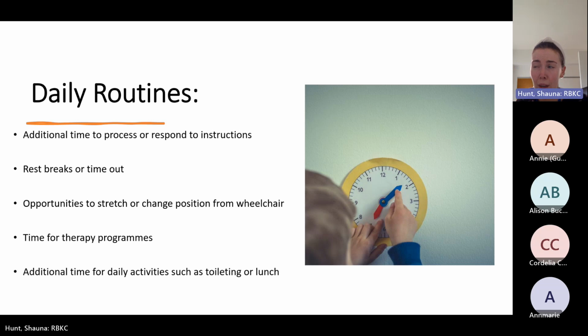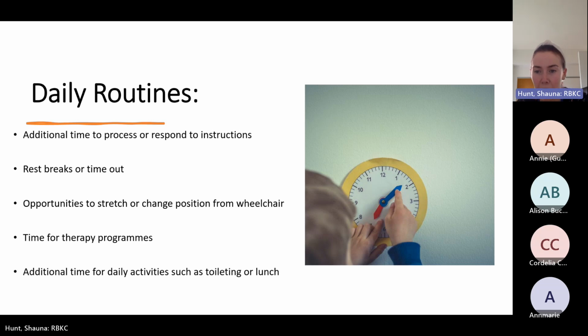Some of them might also have a standing frame in the classroom, so they might need time to spend in that as well. And they also need time for their therapy program. So obviously, if the child is known to OT or physio, or speech and language therapy, they'll likely need intervention scheduled within their day, whether that's 15 minutes a day or twice a week for 10 minutes.